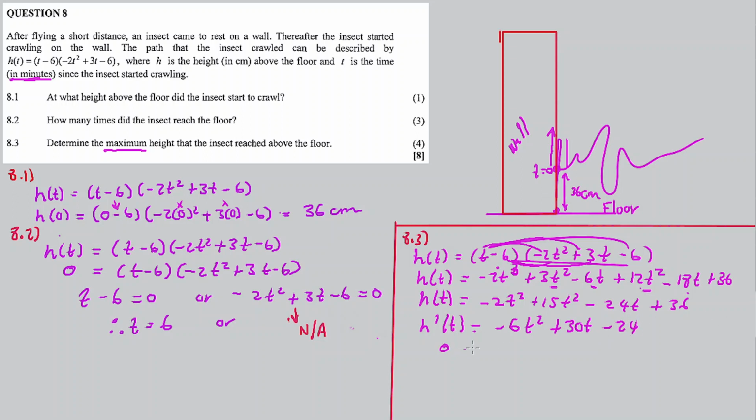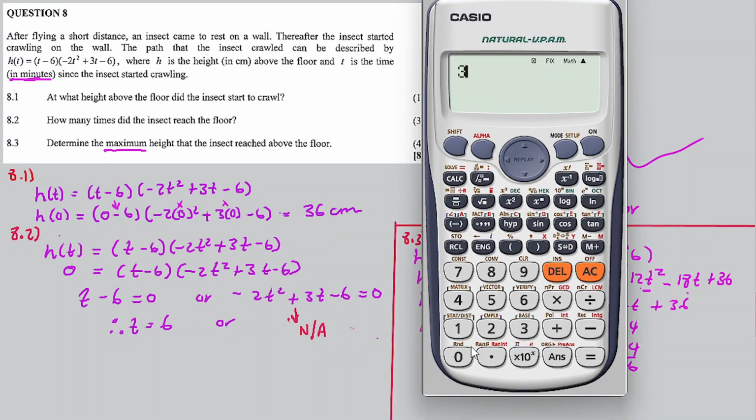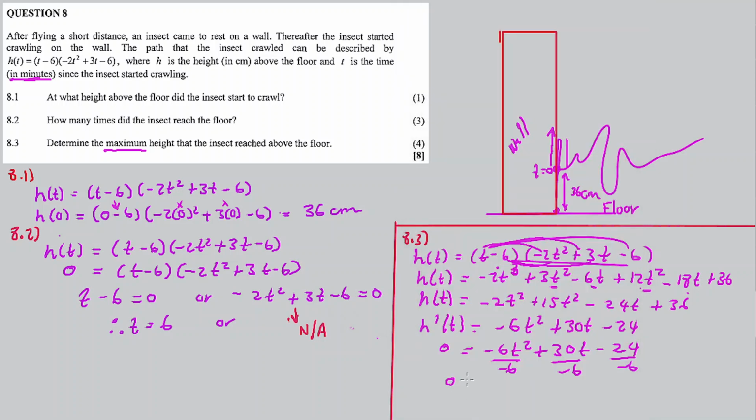So therefore we equate this to 0. In a trinomial I can either use the quadratic formula or the factoring method for finding the solutions, but I always go for the factoring method. 30 divided by 6 is 5, so here it's equal to negative 6. Okay, I'm using the factoring method, so the t squared must have a positive value.